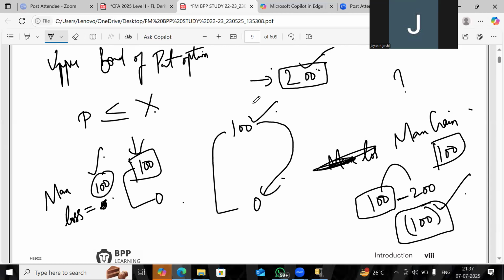Does it make sense? It doesn't make sense. Nonsense. And if this stock goes to 150, we are not going to exercise the option. Since we are not going to exercise the option, the loss for us is the premium amount. This premium amount is how much? 200.